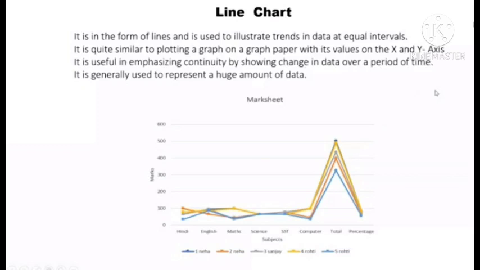It is quite similar to plotting a graph on a graph paper with its values on the x-axis and the y-axis. It is useful in emphasizing continuity by showing change in data over a period of time. It is generally used to represent a huge amount of data.